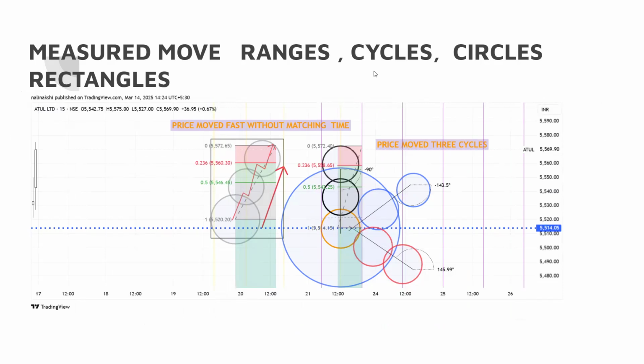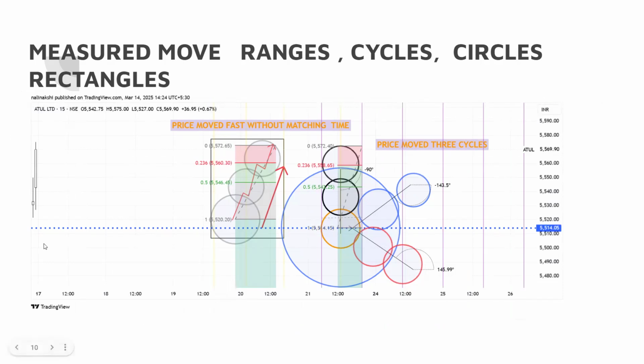Measured move, ranges, cycles, circles, rectangles. Why am I using this? Because sometimes this measured move takes a lot of time. It may start with a triangle and become a rectangle, and the final move may be a triangle.